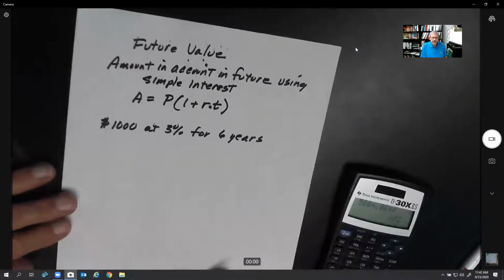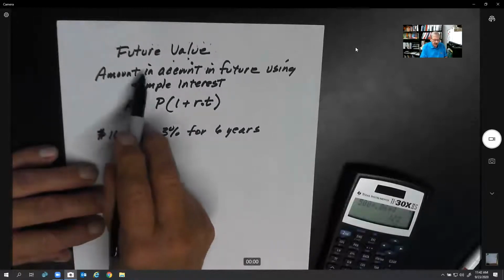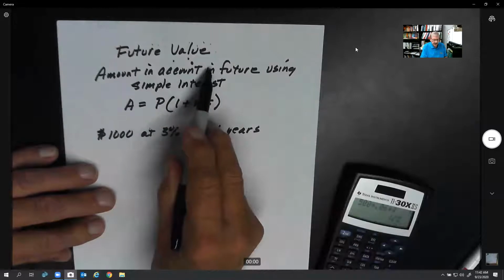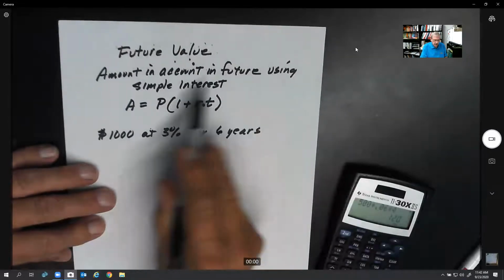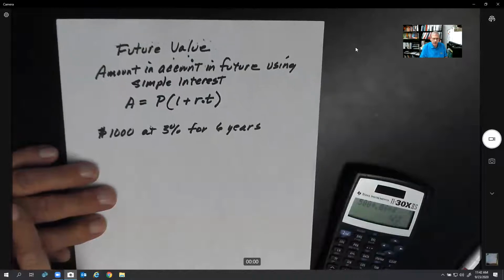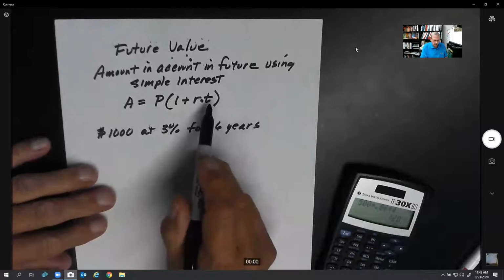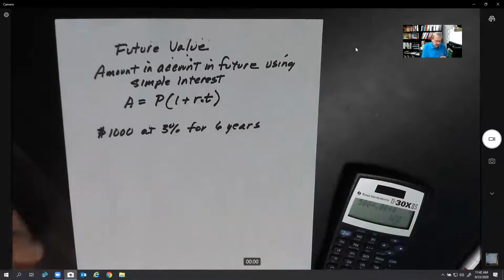Let's try another one and find the future value. The future value is the amount in the account in the future using simple interest. This is a variation on that formula.